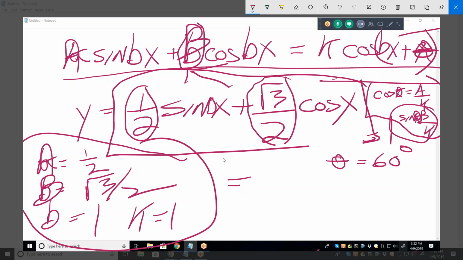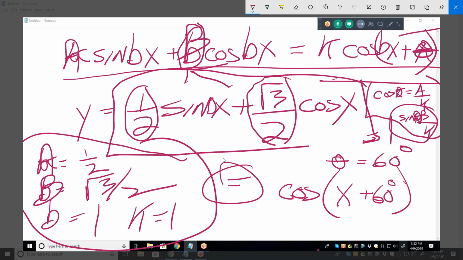But if I use that as the answer, then your final answer is going to be k, which is 1, times the cosine of capital B, or little b, which is 1, plus 60 degrees. Is that an answer that looks like it would be correct?